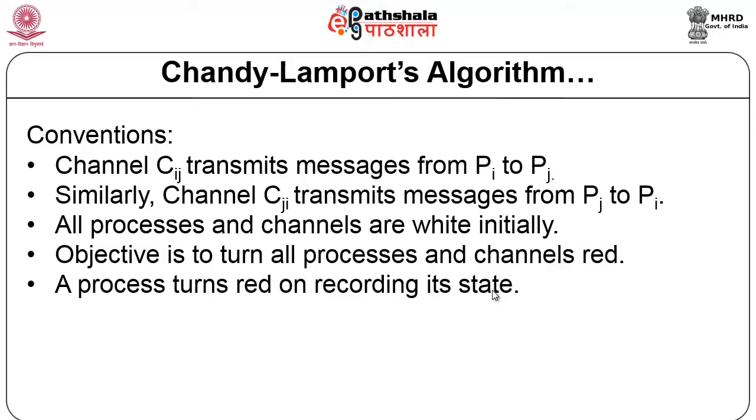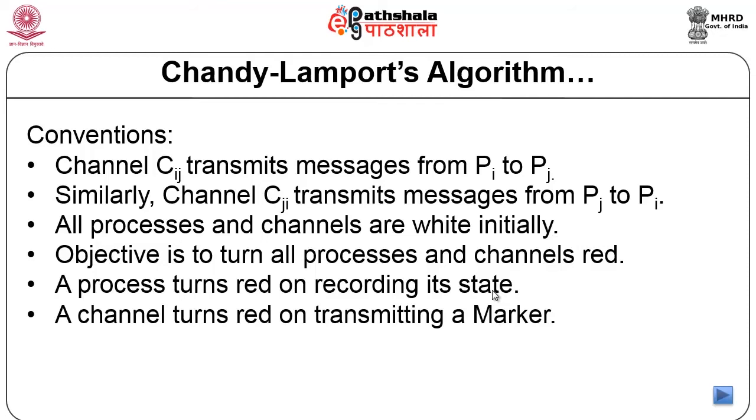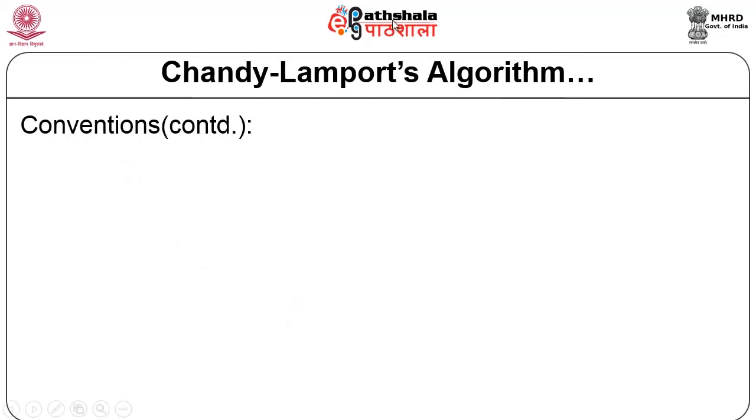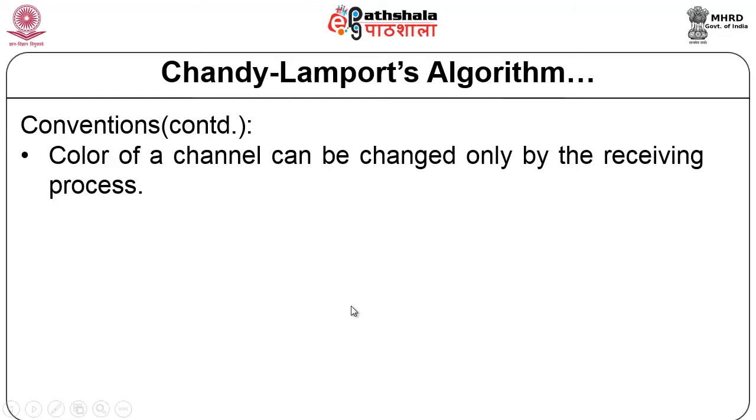A process turns red when it has recorded its state, and a channel turns red when it has transmitted and through it a marker has gone and is received on the receiver side. So, the color of the channel will be changed only by the receiving process.